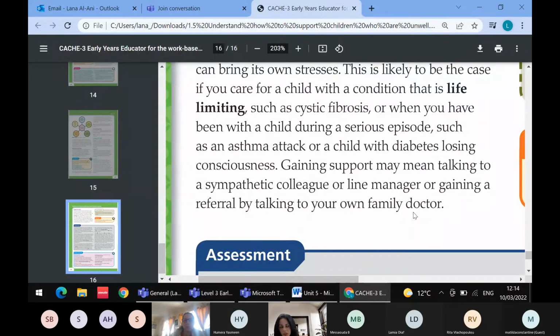Maybe even your manager wouldn't know that this child could lose consciousness that easily, and then suddenly he loses consciousness and you don't know how to deal with him because this is a new nursery. The manager has been here for a short time, and then you can go to the child file, get the information, contact the family doctor and get more information about how to deal with that, or maybe call an ambulance.